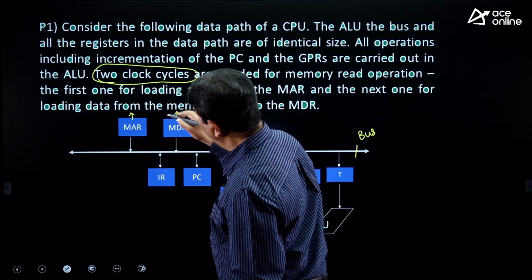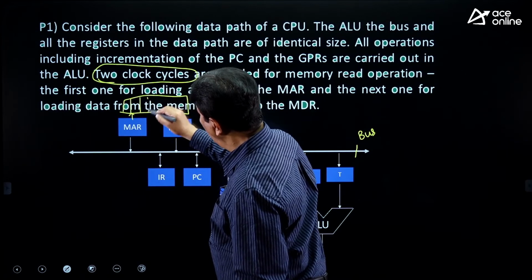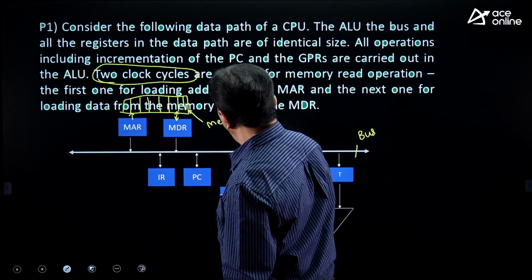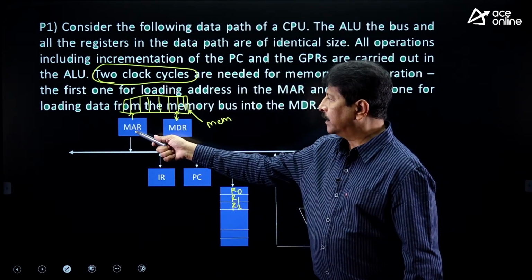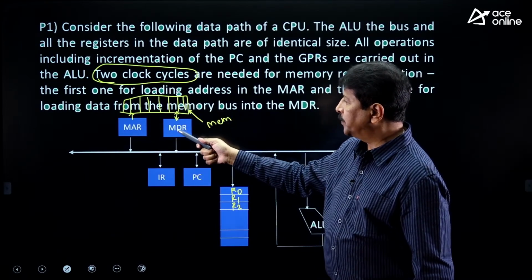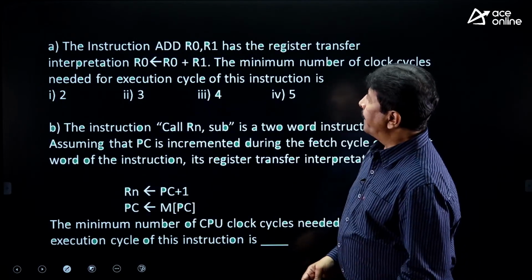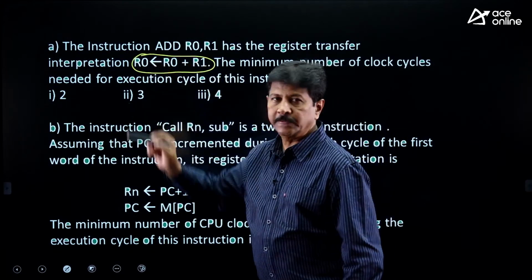So writing the PC value into MAR takes 1 clock cycle, and then the value from memory should come to MDR, that is the second clock cycle. Okay, like this.